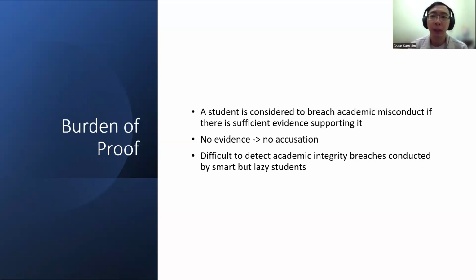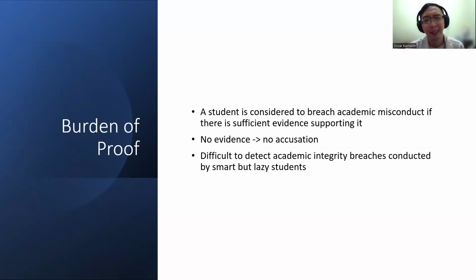And also, we need to remember the burden of proof. A student is considered to have breached academic integrity if there is sufficient evidence supporting it. No evidence means no accusation. We cannot accuse someone without having proof that they are doing academic misconduct.